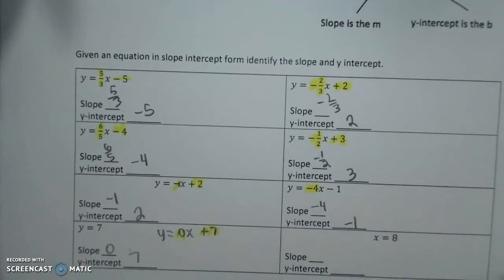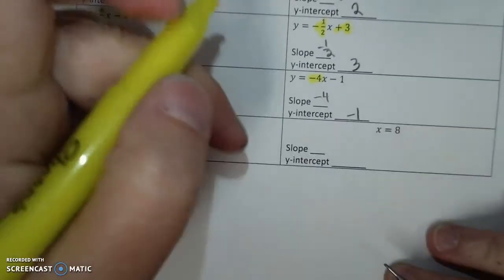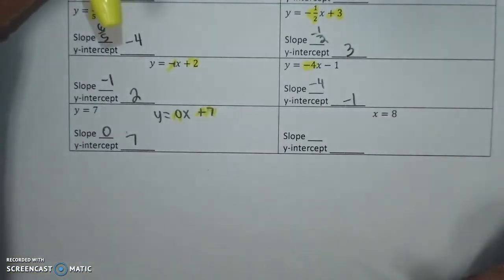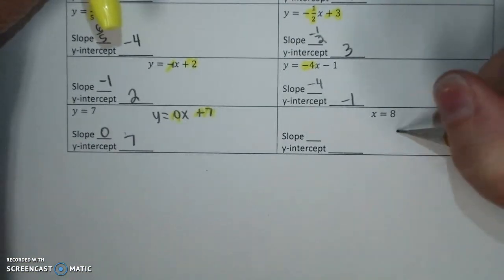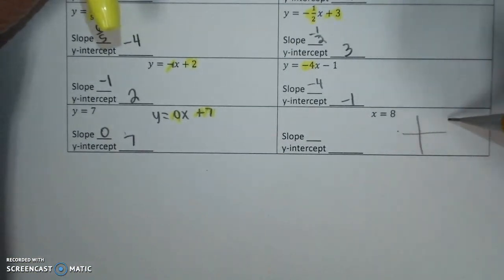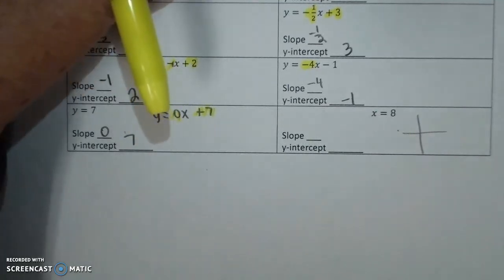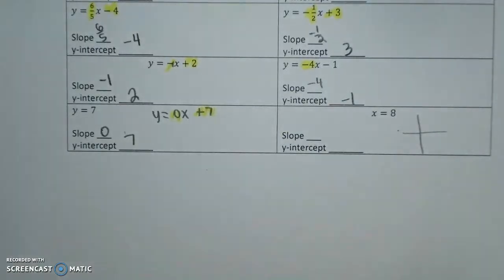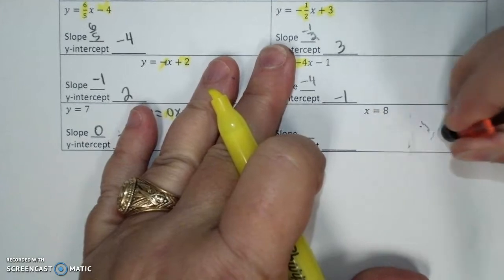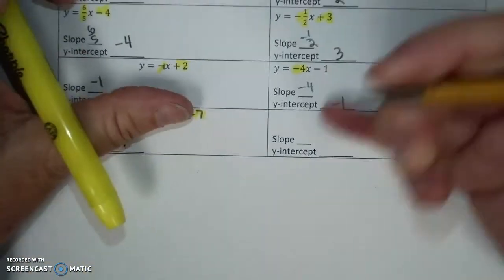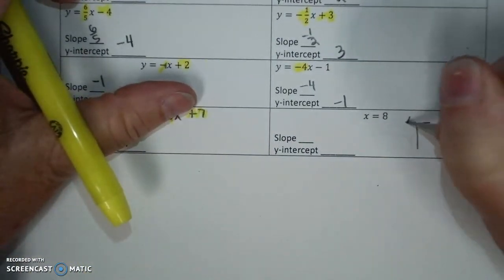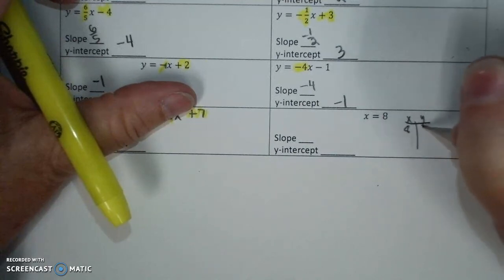Notice every single one of these starts with a y. There's a little peculiar one that says x equals 8. When you graph, that means, let's do it not from graphing, let's do it from a table. I can say x is 8, y is 1.